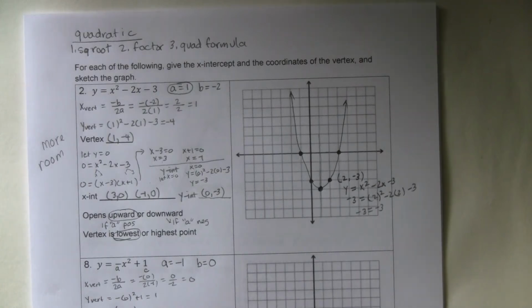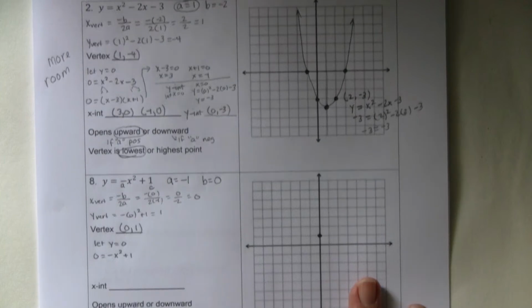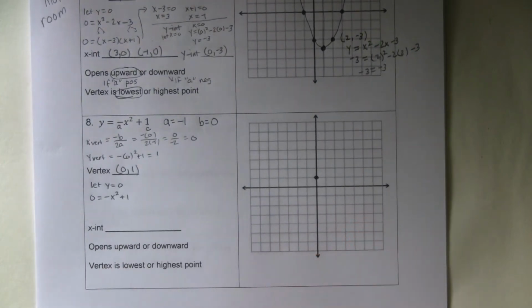You can use the square root method when you don't have a middle term, and we didn't have a middle term. And so I could definitely use the square root method if I liked. I could also use factoring on this one, and I could also use the quadratic formula. So all 3 methods work on this one. It's not every problem that has every single method work on it, but on this particular problem, they all will. My favorite method would be the square root method.